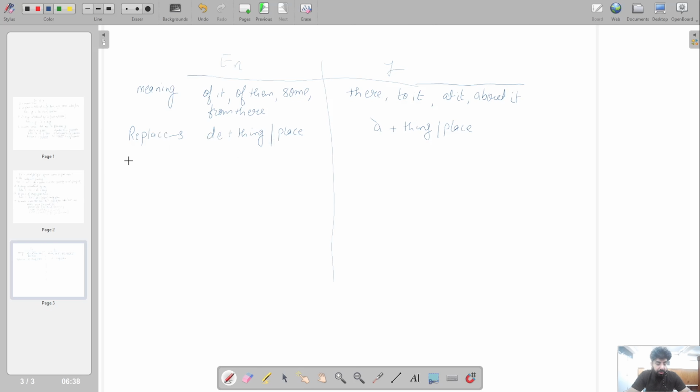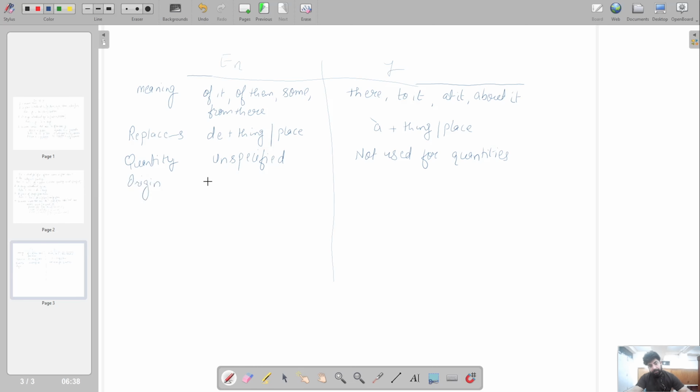Okay. Let's talk about the quantity. In en, we just studied that it should be unspecified. We should not know how much quantity is there. And y is not used for quantity at all. So once it comes with quantity, we are pretty sure that en is the one which should be used. Okay, then comes the origin.